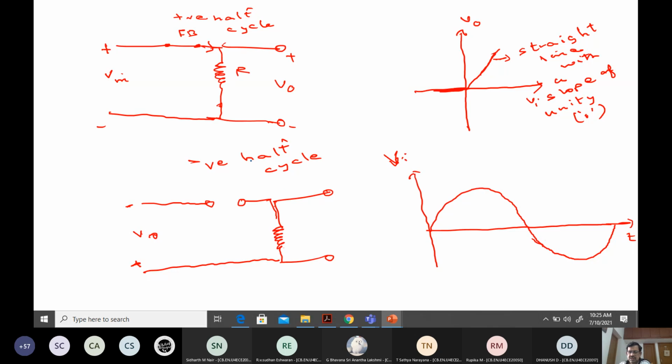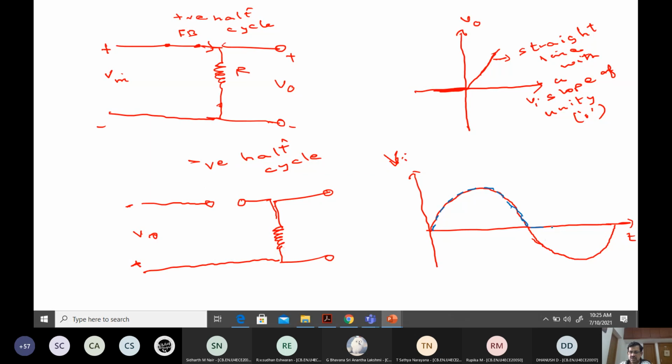In this case, my output will follow the input during the positive half cycle. It will follow, slope is 1, and here it is not conducting.